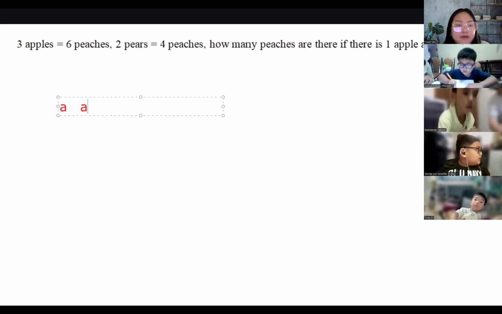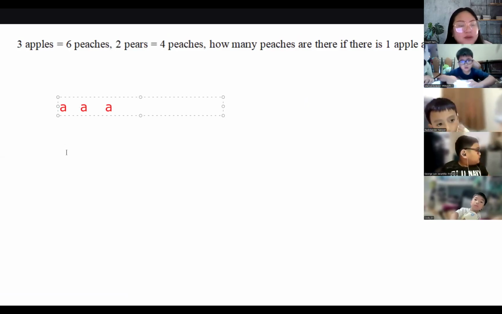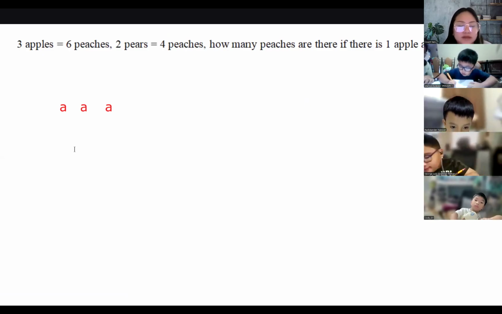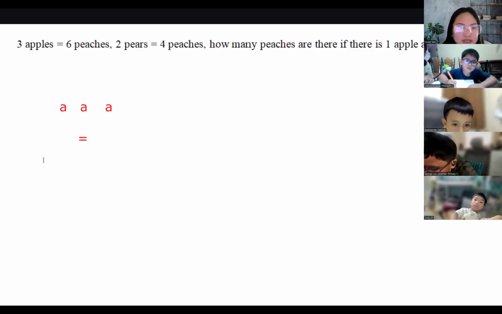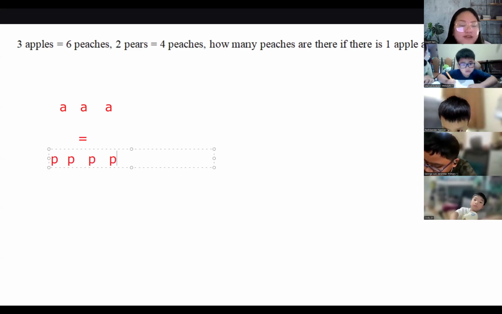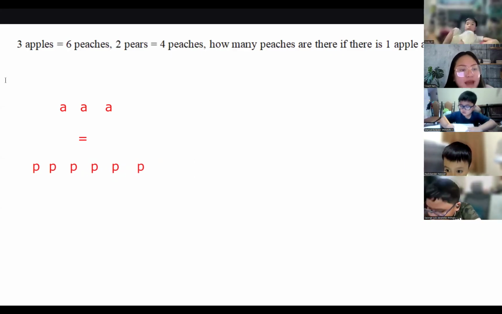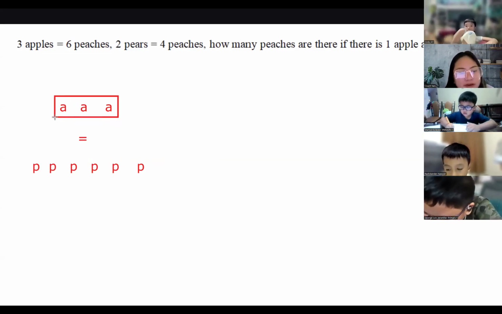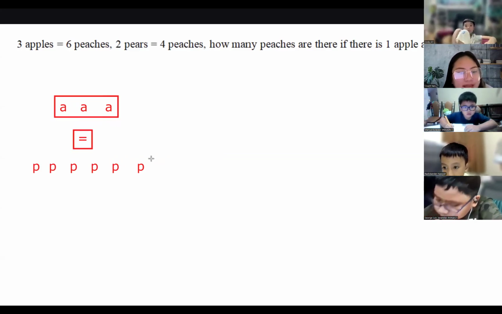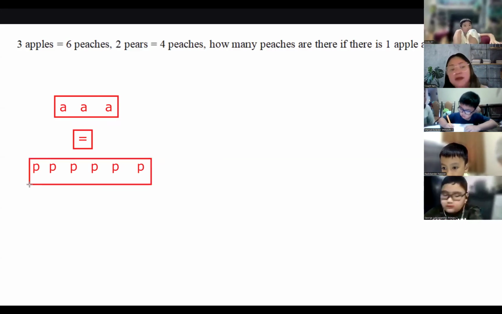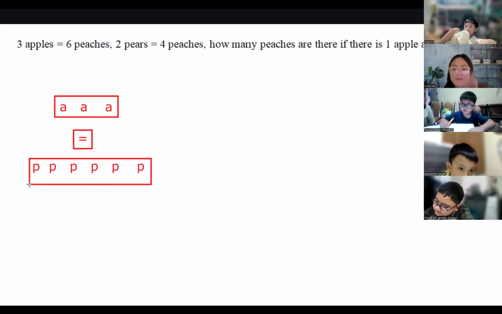You have three apples, and that is equal to six peaches. So, peach 1, 2, 3, 4, 5, and 6. So, the way you read this is vertically.